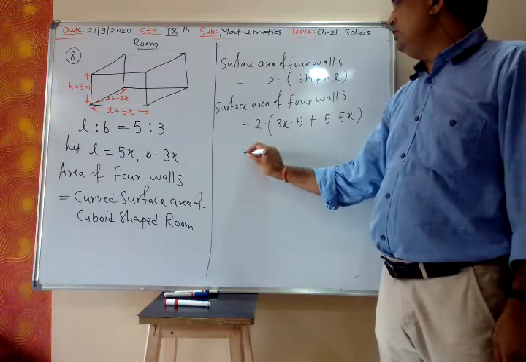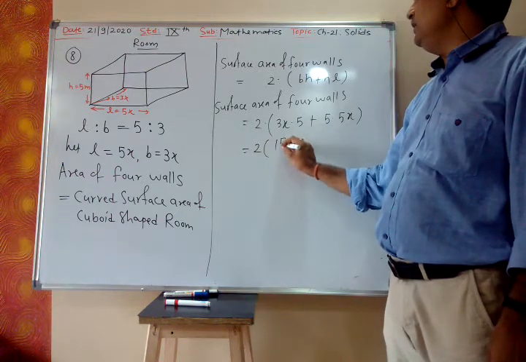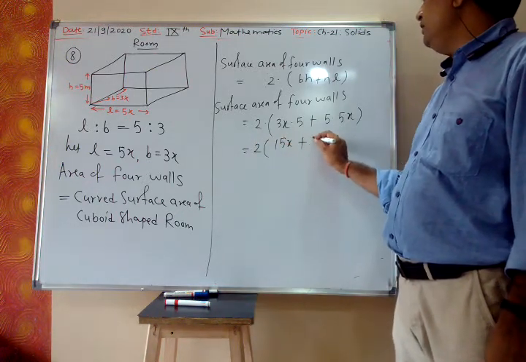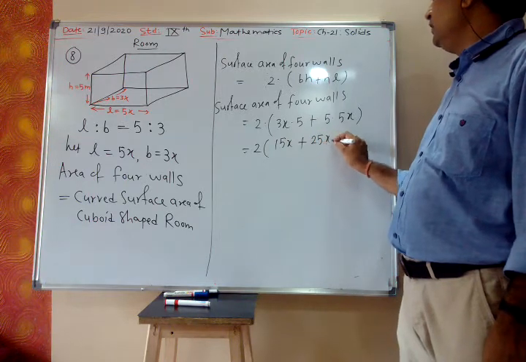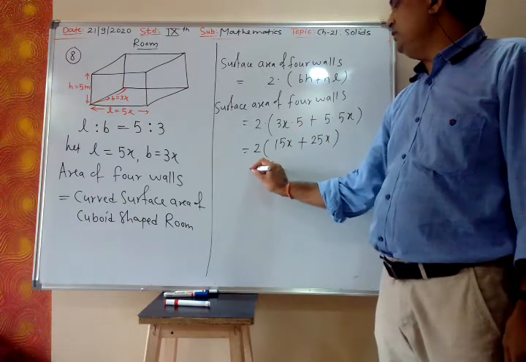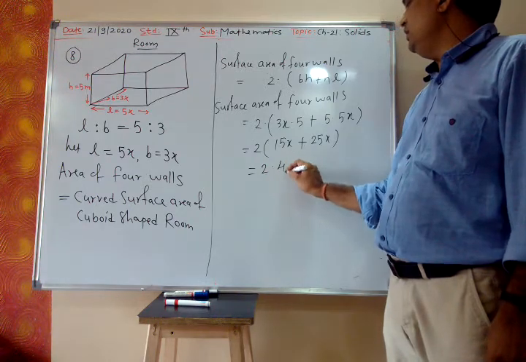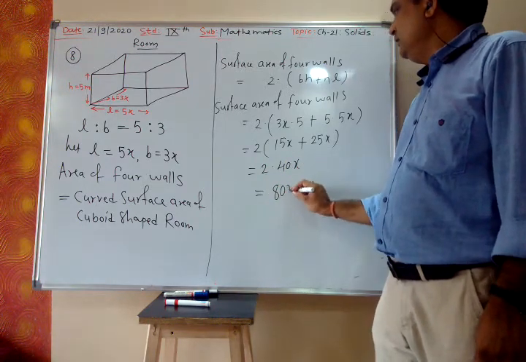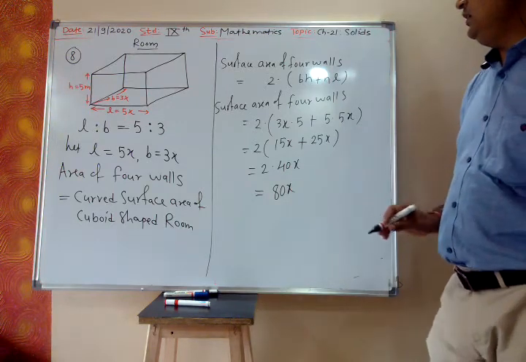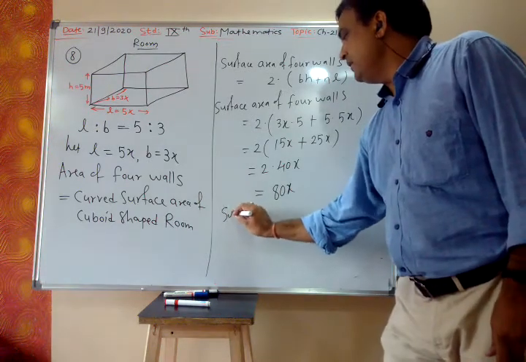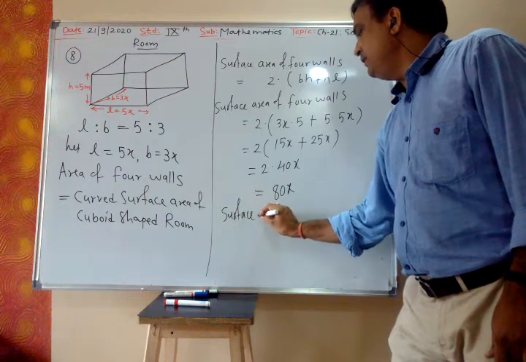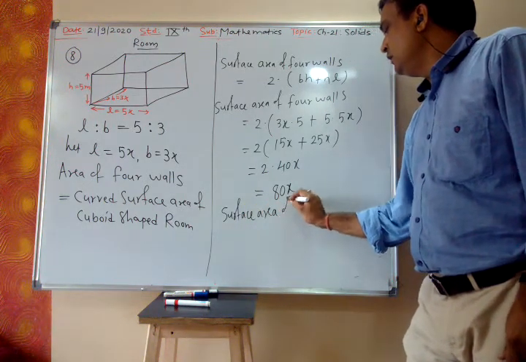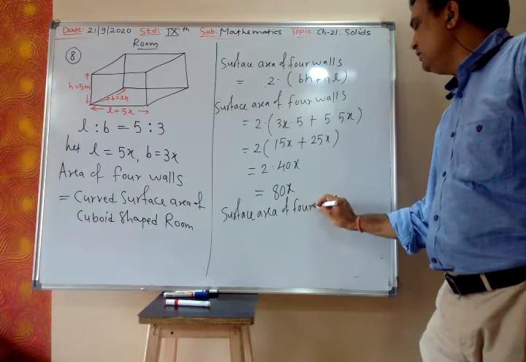So that is 2 into 3x into 5, 15x, plus 5 into 5x, 25x. 15x plus 25x is 40x. So 2 into 40x, that is 80x. Is it clear? We write 80x. So we write surface area of 4 walls.